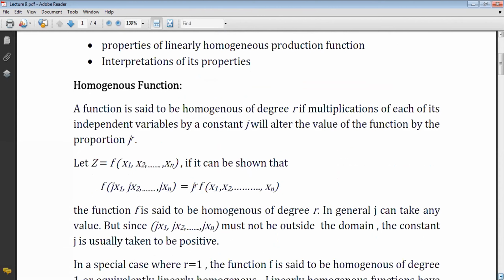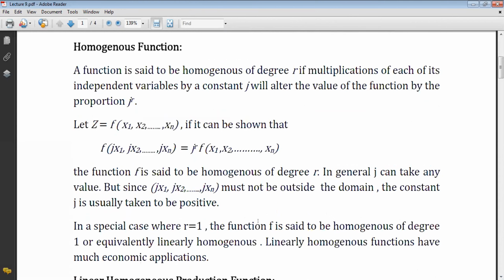So what is a homogeneous function? A function is said to be homogeneous of degree r if multiplication of each of its independent variables by a constant j will alter the value of the function by the proportion j to the power r. Let a function z be a function of x1, x2 up to xn, where x1, x2 up to xn are independent variables.